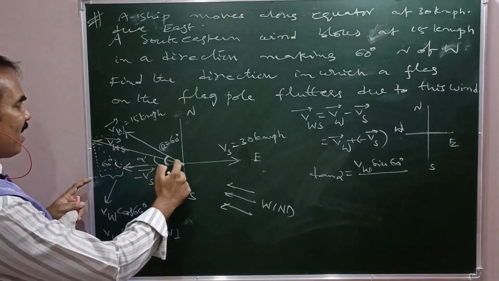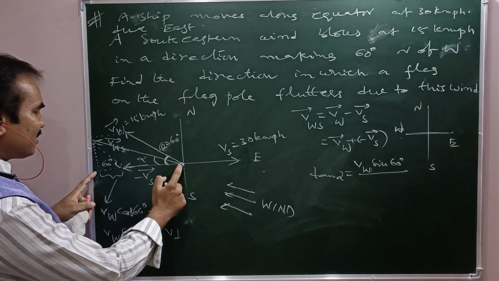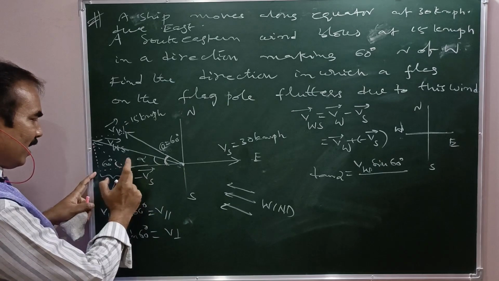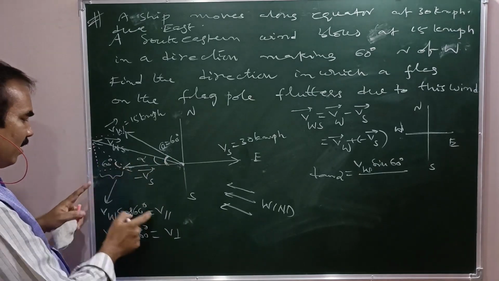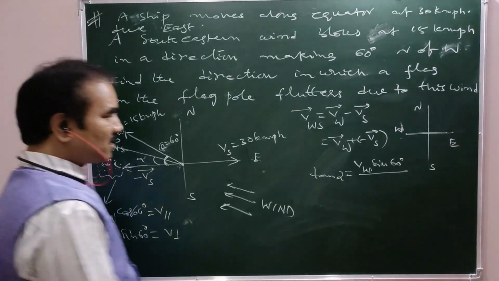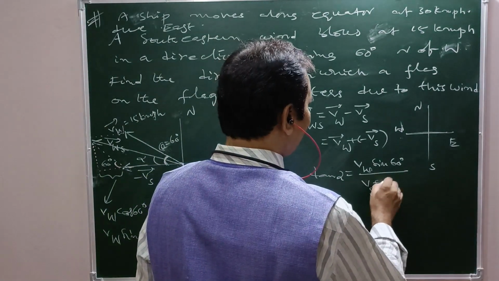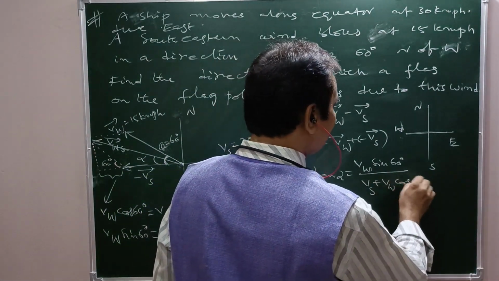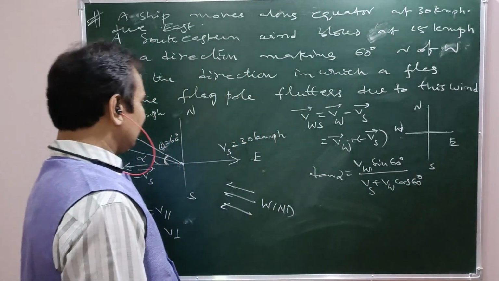The adjacent side is from here to there Vs, and from here to there VW cos 60, that is Vs plus VW cos 60.